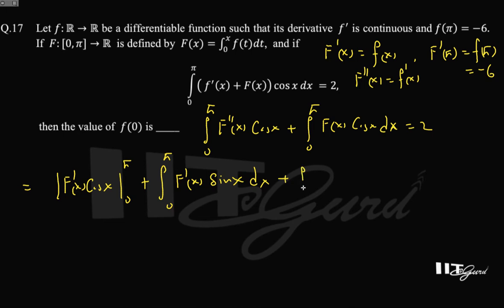Then after that you just copy out capital F(x) as it is, and this is cos x dx, and that is equal to 2.